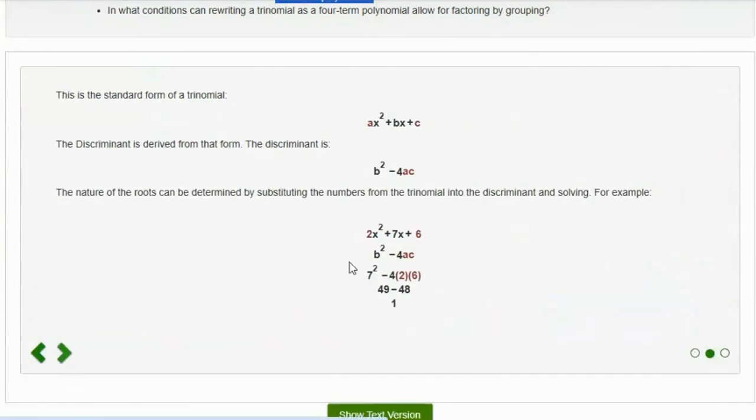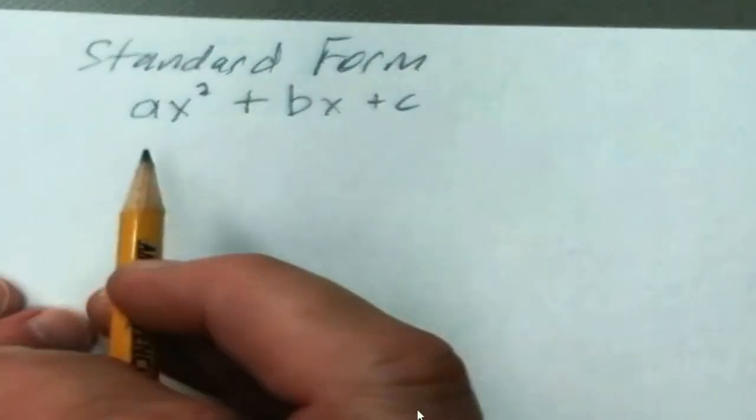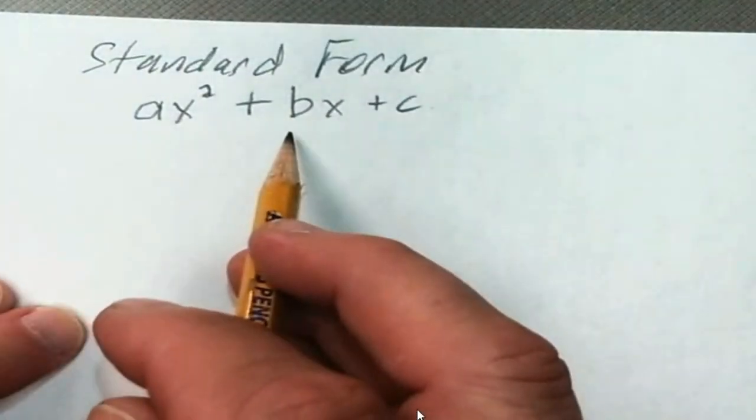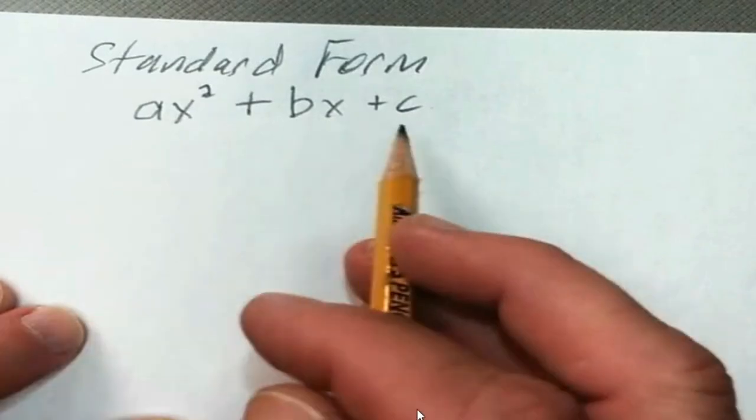So the standard form of a trinomial, here's where we will start our notes right off the bat. The standard form of a 3-term trinomial, tri is 3 terms, is ax squared plus bx plus c, where a and b are coefficients and c is just a constant number.